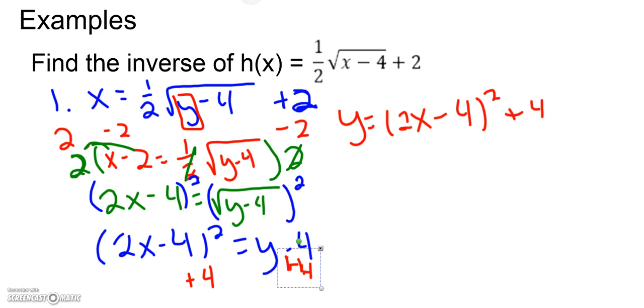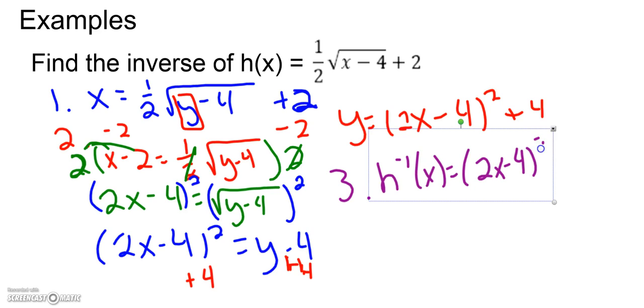And then as we said before, our very last step, step 3, is to change it back. So I have h inverse of x is equal to 2x minus 4 quantity squared plus 4. And that's my answer.